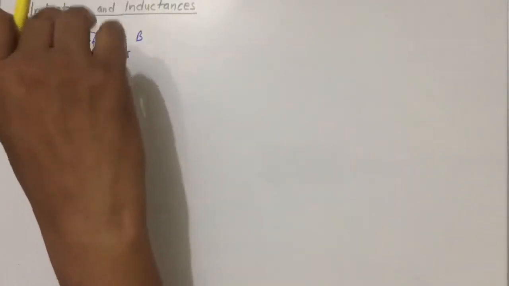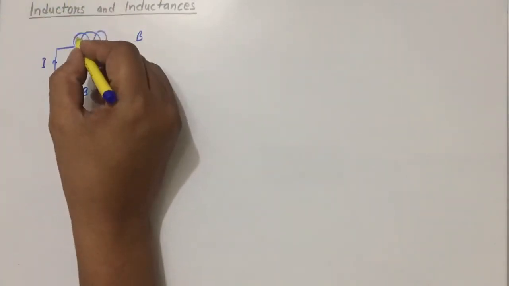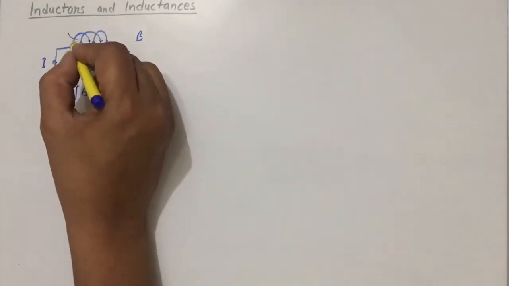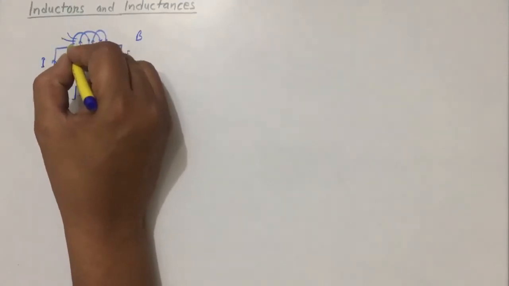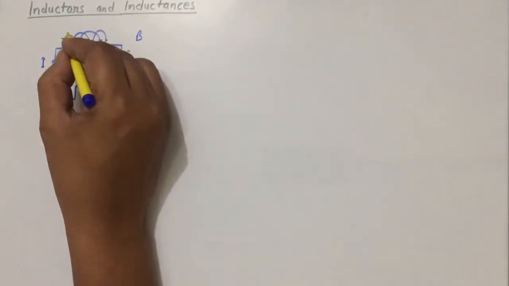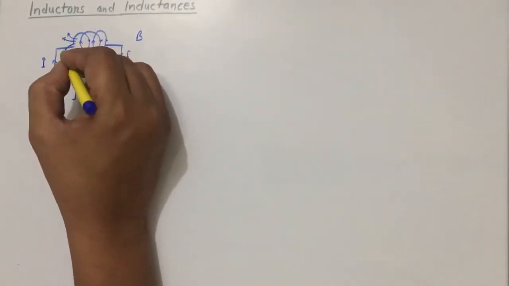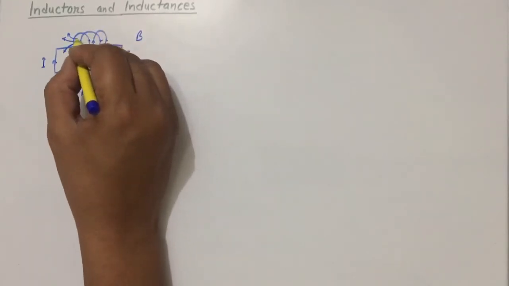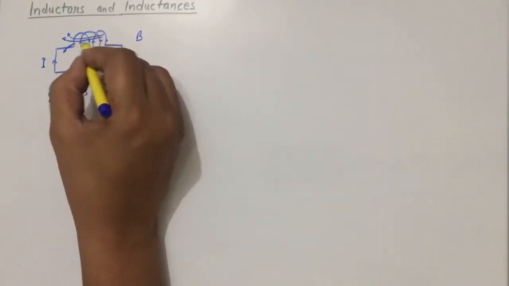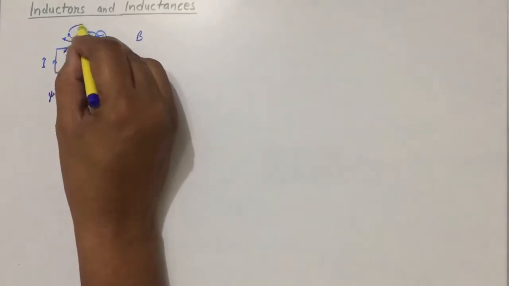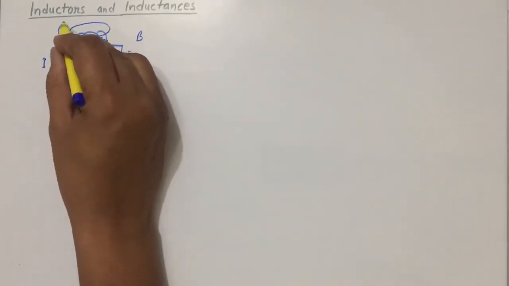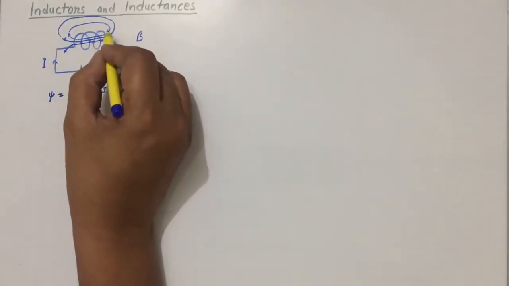So following that, the flux will originate like this and follow the closed path and complete the path like this.